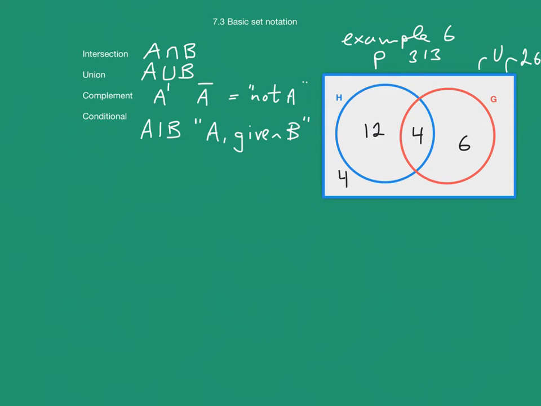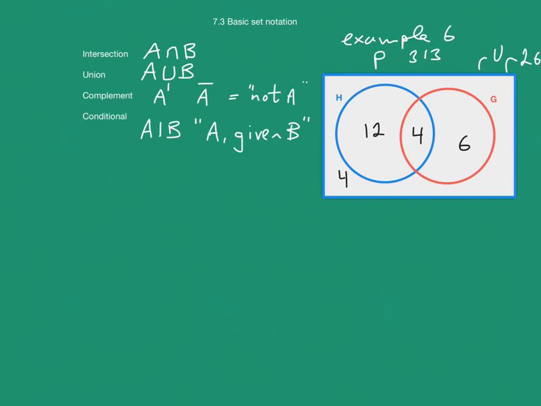Which would be, okay, we want G, but we don't want H. So this is the intersection between G and not H.